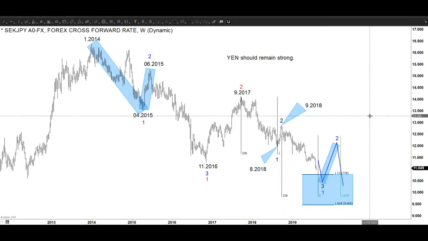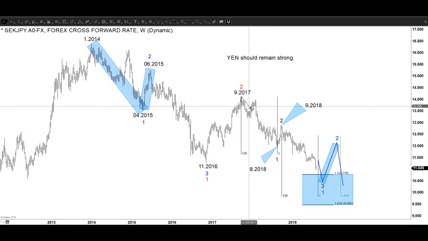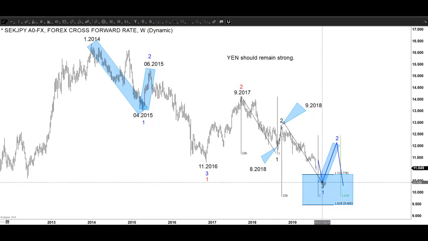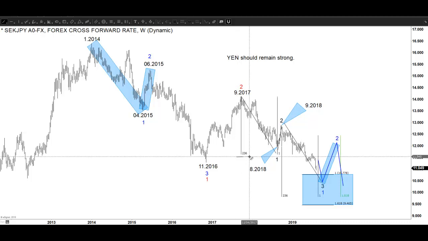Important also is the idea that we're going to get equal in price over here, but also equal in time. The black 1 took 236 weeks.